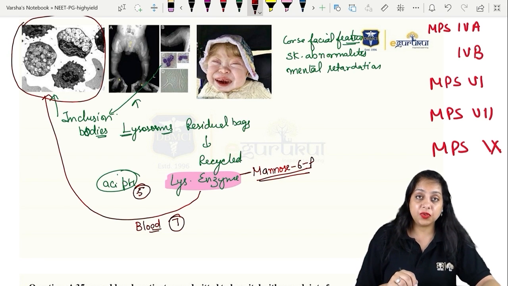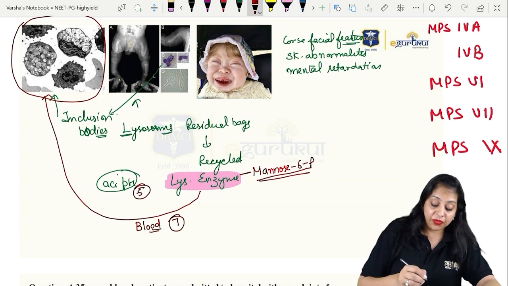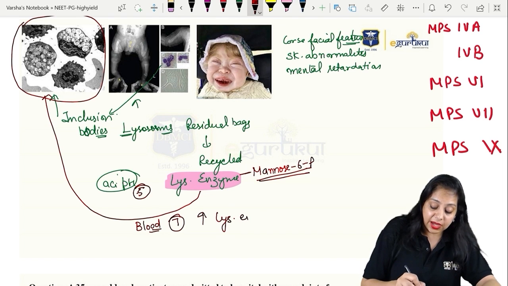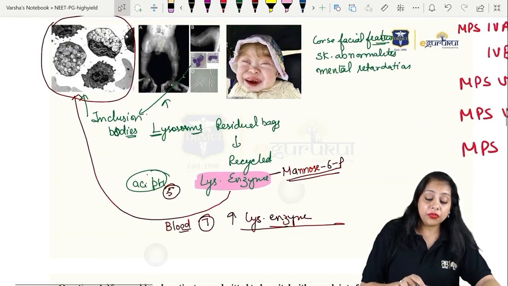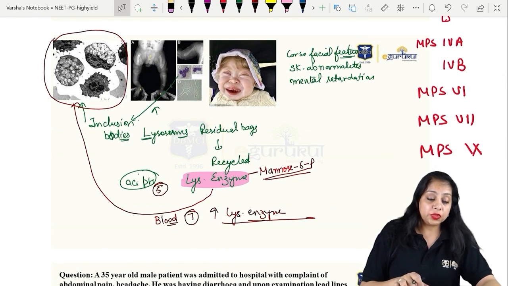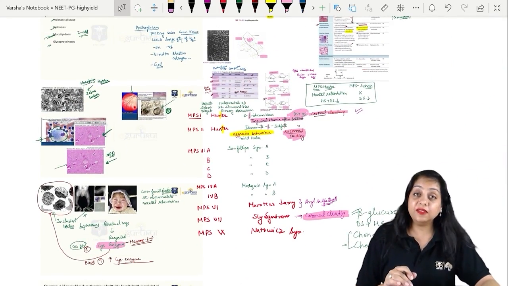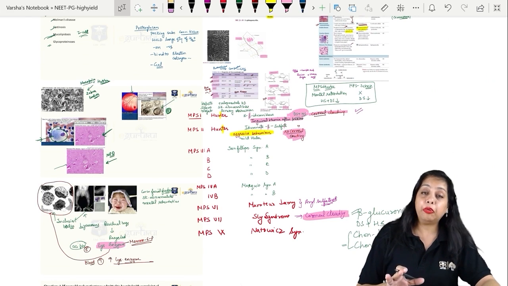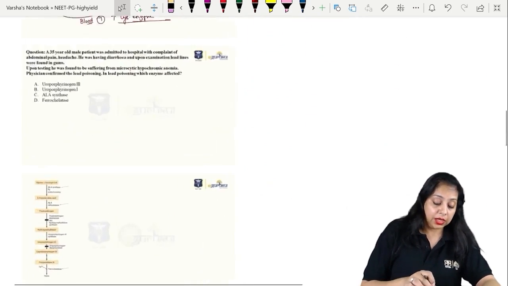So mannose 6-phosphate tagging is a must. In I-cell disease, you will find elevated levels of lysosomal enzymes in the blood plasma, and they are not working because they are not workable at that pH. So this was so many questions from one topic, lysosomes, and very important. You must see 2 or 3 questions from this one.